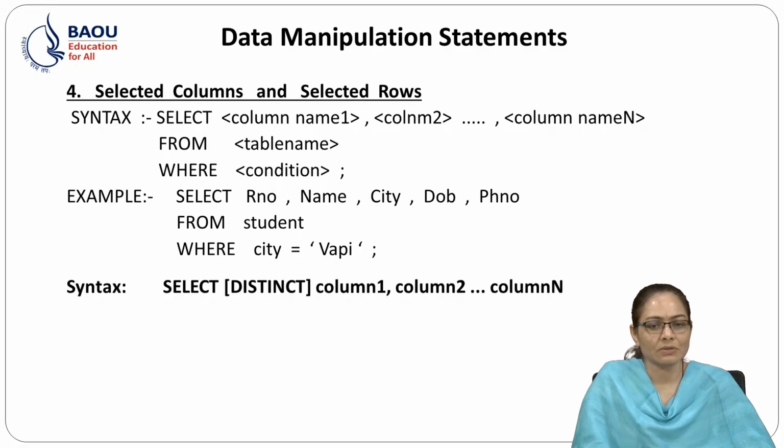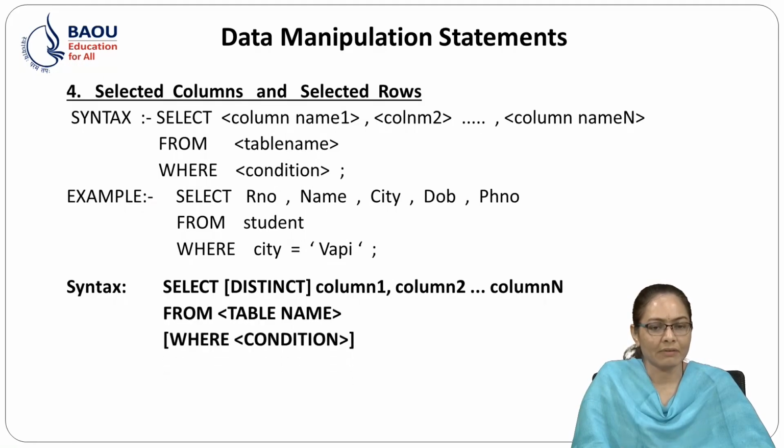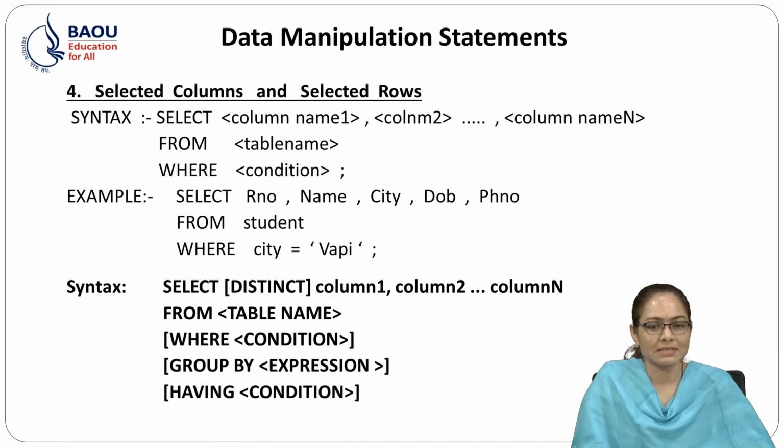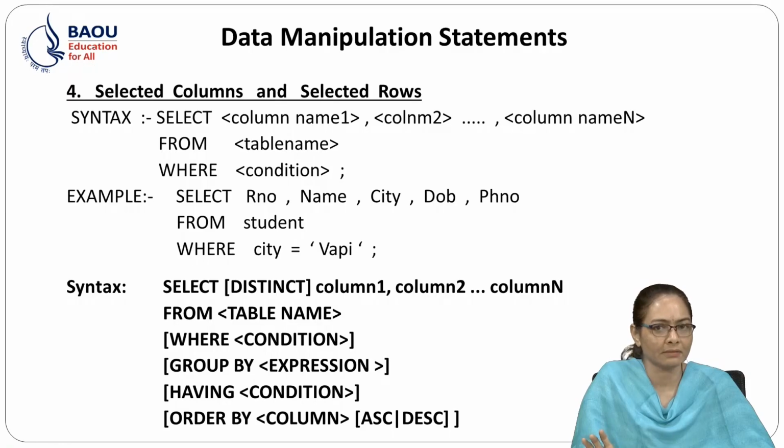Here the syntax of the select command is given: where clause, having clause, all the clauses are given here. So this is the syntax of the select command. Select, distinct, then column name 1, 2, 3 up to n.